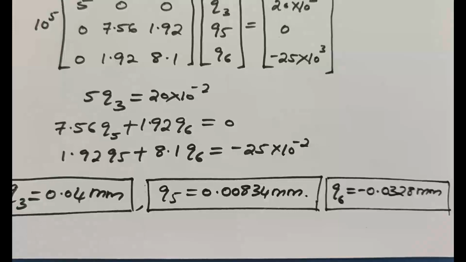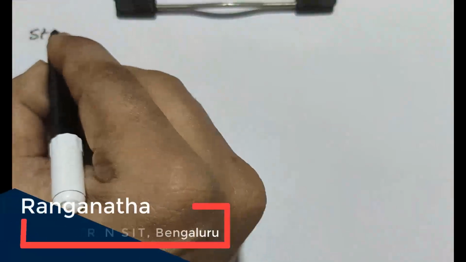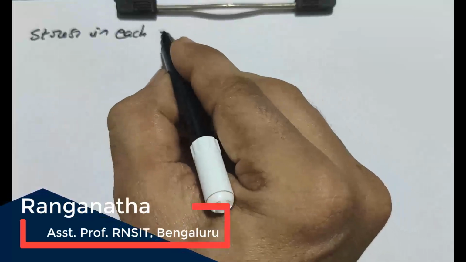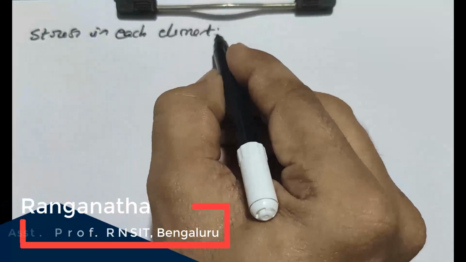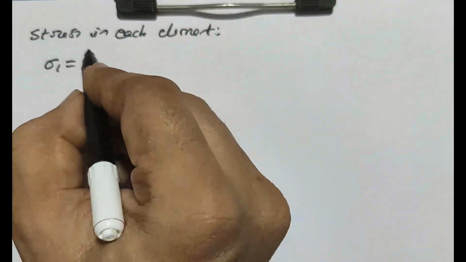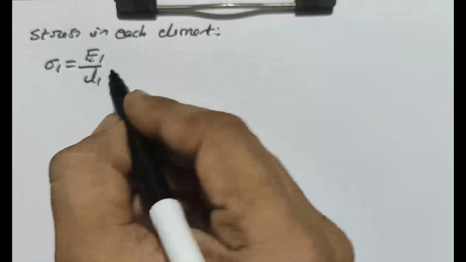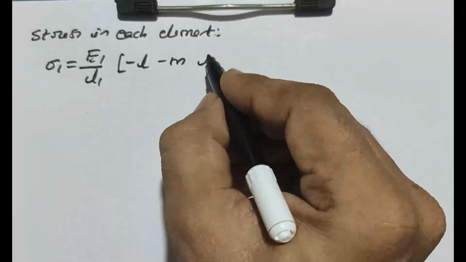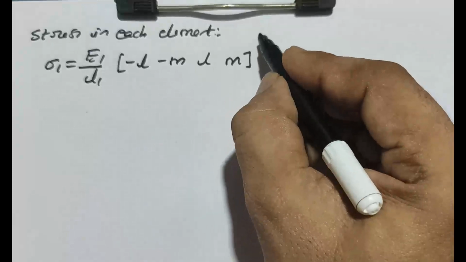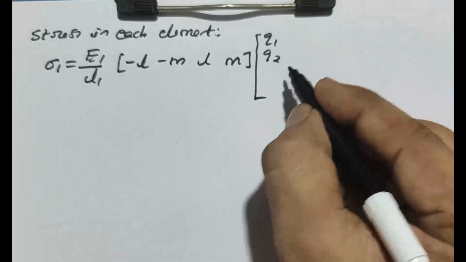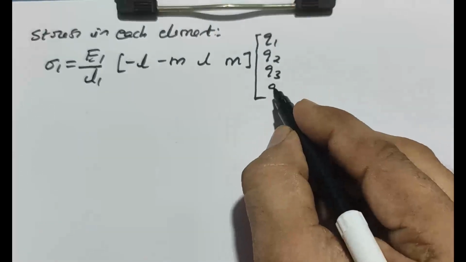So these three are the nodal displacements. Next we need the stress in each element. So sigma 1, that is the stress in the first element, is E1 by L1 into minus L, minus M, L, M into Q1, Q2, Q3, Q4.